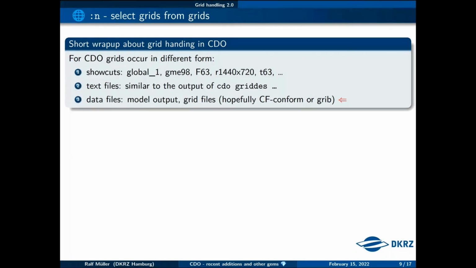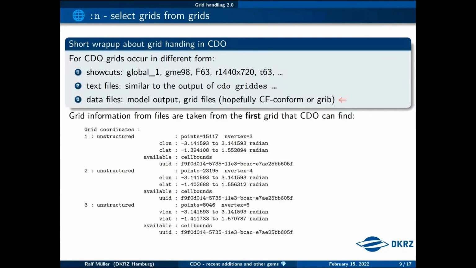The problem is that some of these grids or grid files or data files have not only one grid, but multiple grids. And again, ICON is a nice example here because it actually has three grids: one for the cells used for scalars, one for edges used for velocity vectors, for example, and one for vertices used for vorticity. And all these coordinates or grids can occur in a data file.